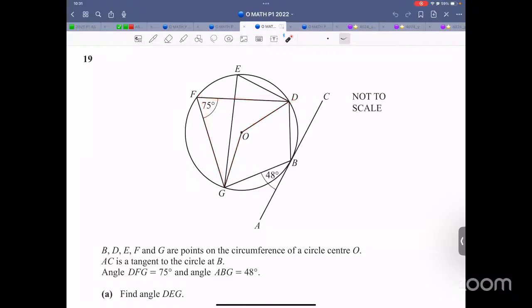That is necessary. If it's a four-sided figure, a quadrilateral, and all the vertices are touching the circumference, opposite angles are supplementary. This is a tangent. This is the angle that this chord makes with the tangent. And now this chord makes this angle at the circumference up till here. So if this is the case, that's the alternate segment theorem.